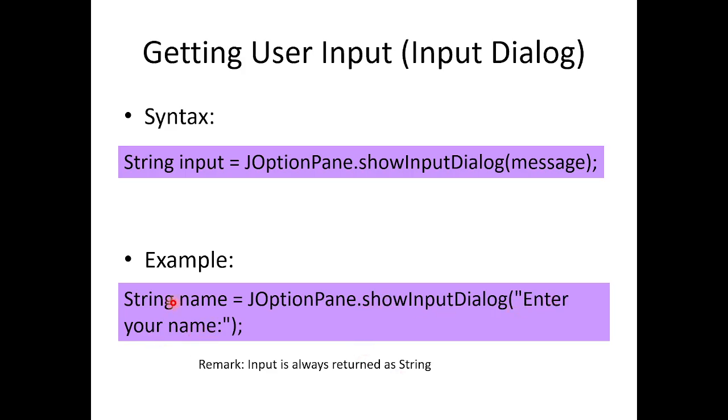Because in the GUI, the input is always read as a string. Even if you have instructions that ask the user to enter a number, what is read in the program is actually a string. Even though it is a number, the program reads it as a string, so you need to convert that string to a number.